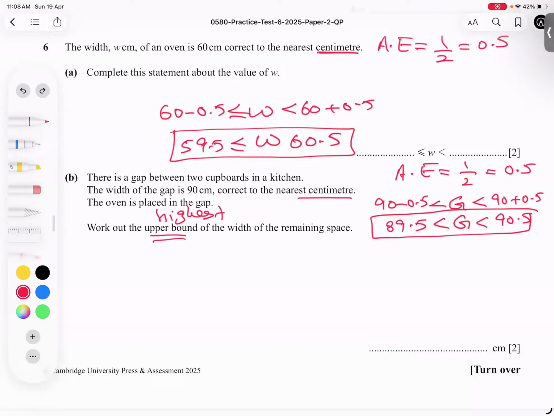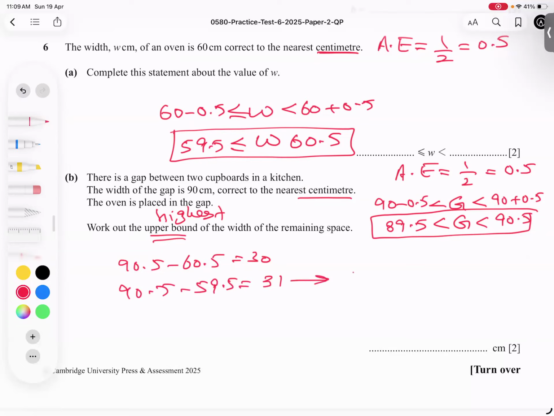So if I take the highest from here and the highest from there, just for the sake of understanding, 90.5 minus 60.5, I get 30. Okay. If I subtract this from the lower one, what happens then? 90.5 minus 59.5, I will get 31. And naturally this is the largest, 100%.